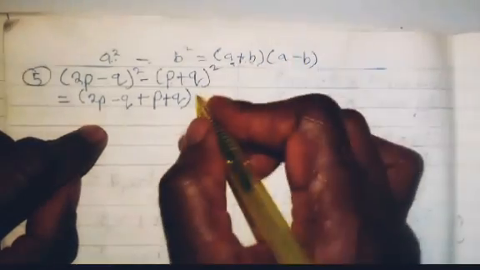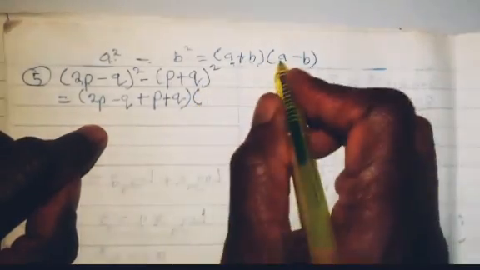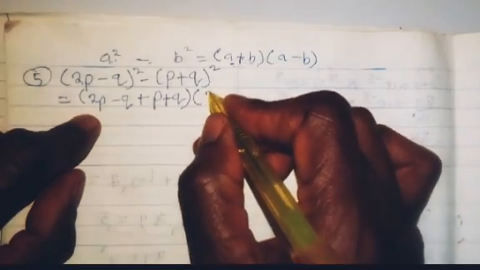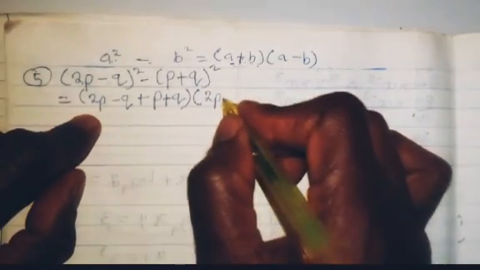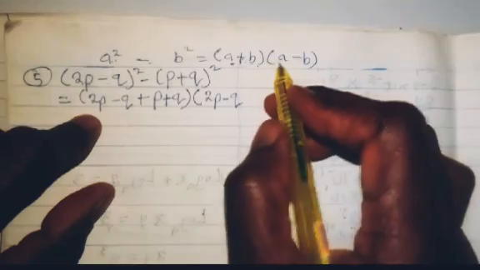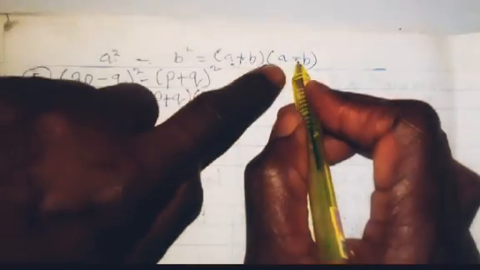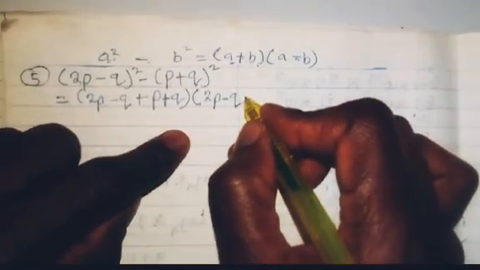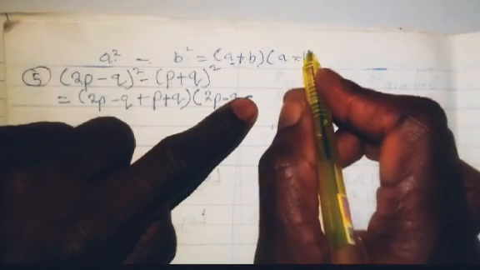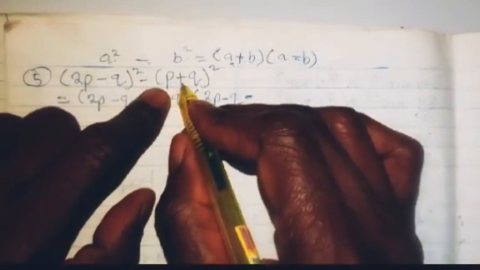Now we take the second bracket, we say open bracket. A, of course, you know your a is 2p − q, then minus. You see this minus sign? Look at it here. It's going to affect all the values of b. In this case, b is p + q.